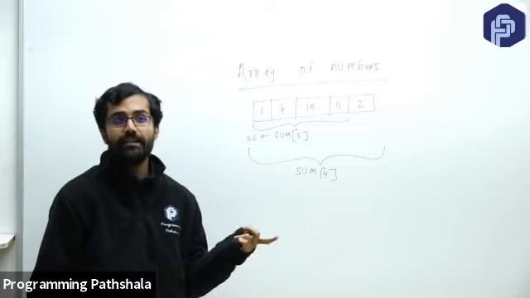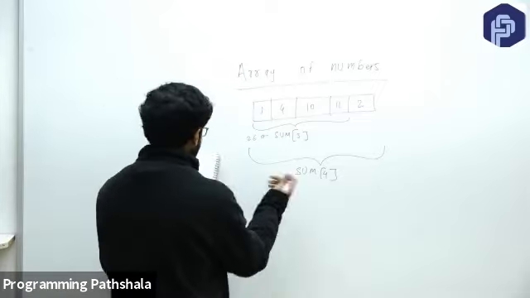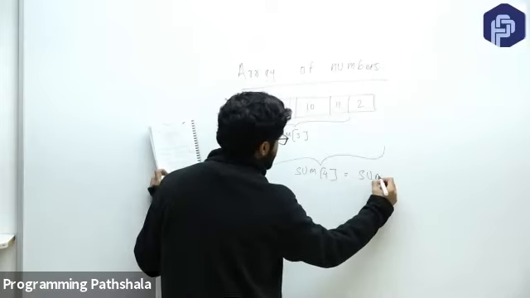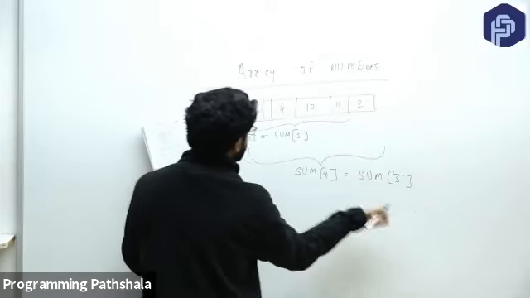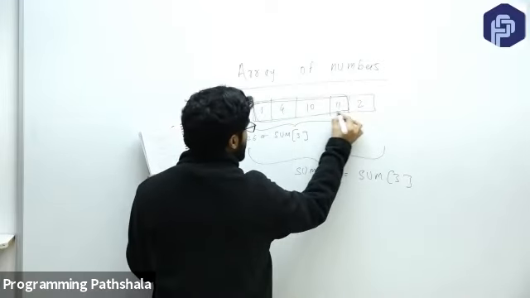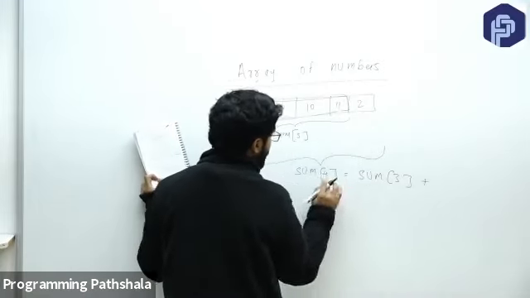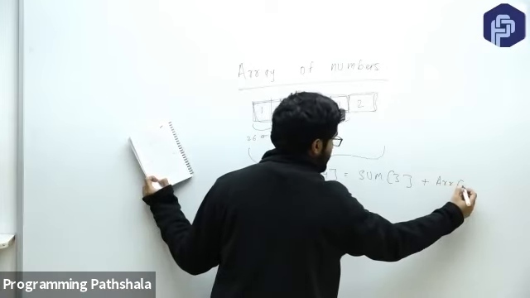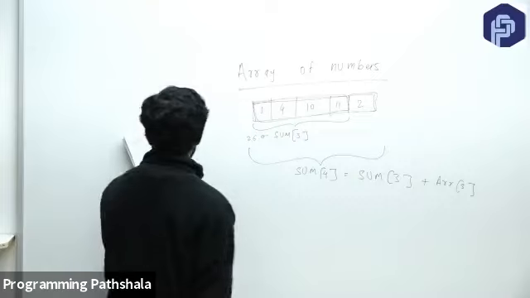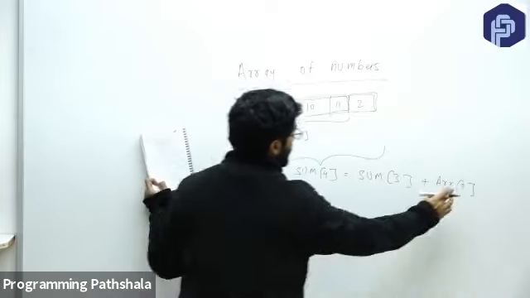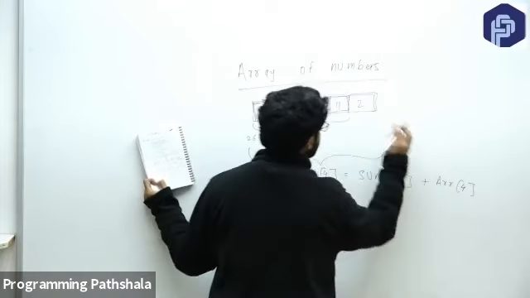The answer is yes. Essentially sum of 4 is nothing but sum of 3, which is the sum from here to here, plus the array of 4, which is this number.